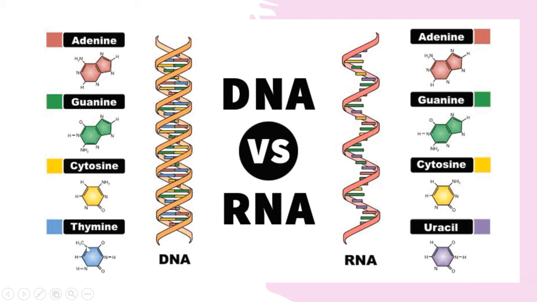Thymine is for the DNA. That is about the DNA and RNA. So make sure you can identify the structure of the DNA and RNA. RNA only consists of one polynucleotide strand. DNA consists of 2 polynucleotide strands that form the double helix structure.